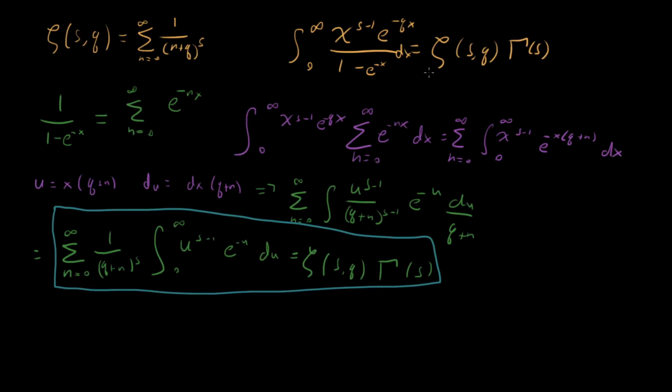But now that we've generalized it a little bit, we add this q, we get a more general integral here. And when q is equal to 1, this is just the zeta function property that we're familiar with. But now we've generalized it, so we have to use a more general zeta function. And we'll see that as we start generalizing our zeta functions more and more, we'll get more and more generalized integrals that we can solve. And so that's a really nice thing that you get by generalizing the zeta function: you can solve a whole bunch of otherwise really hard integrals. But I think I'll stop there, and I hope to see you in the next video.